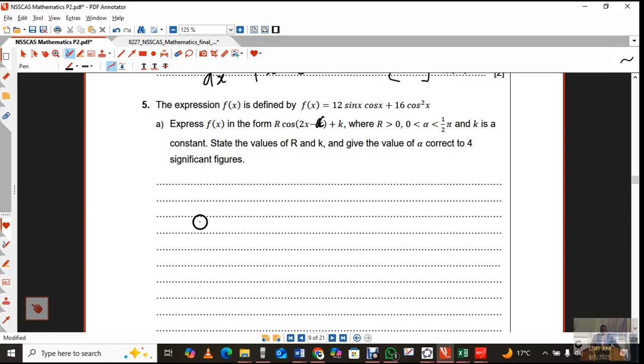Right. Now, f of x is equal to 12 sine x cos x plus 16 cos square x, and that is what you have.